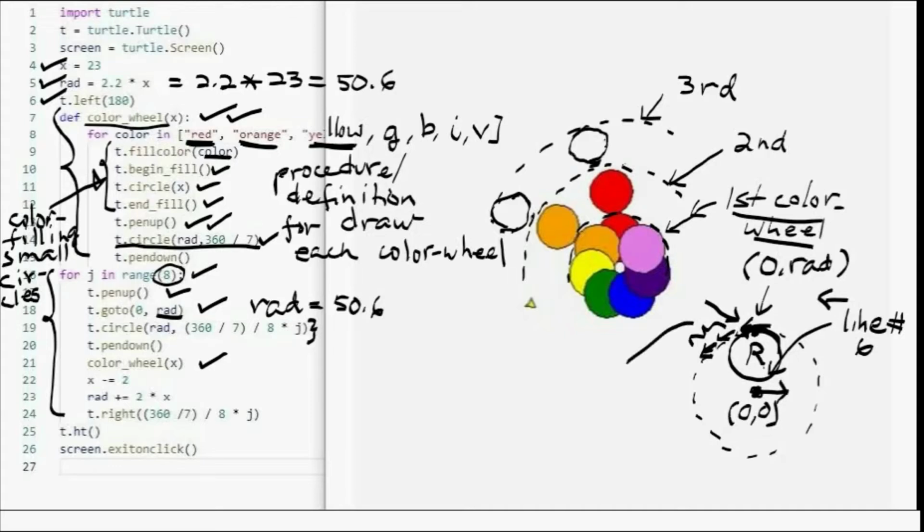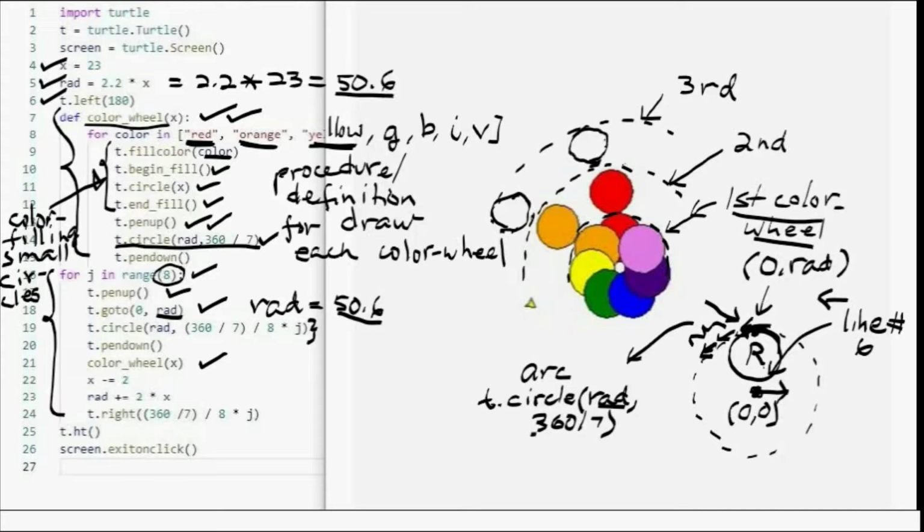Incidentally, this is the rad, and then 360 divided by 7. Remember that our rad at this point is 50.6 up there on the screen and 50.6 in the middle of the screen, but the rad will be different later on.